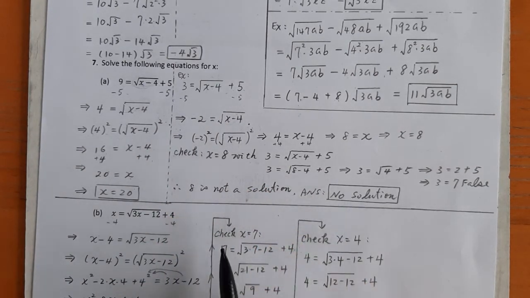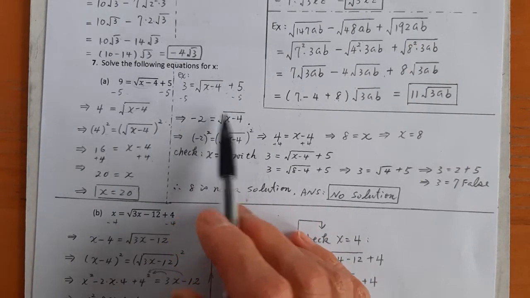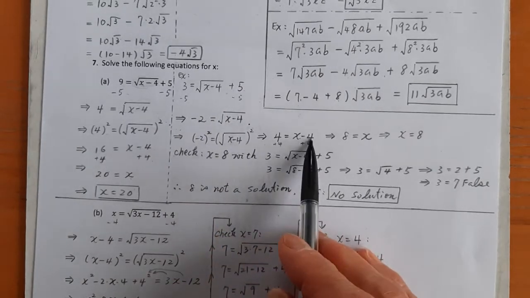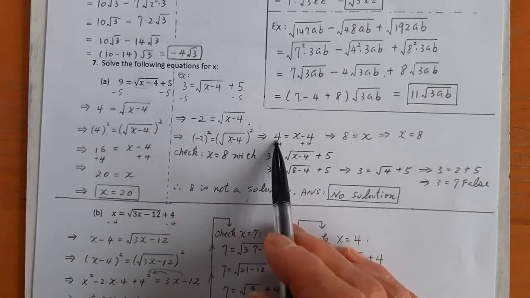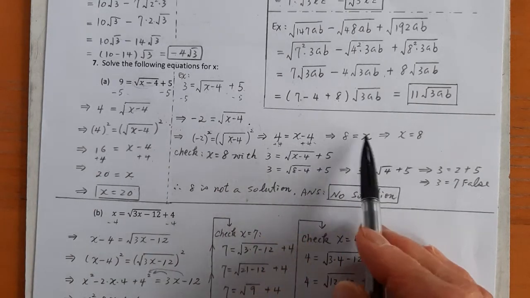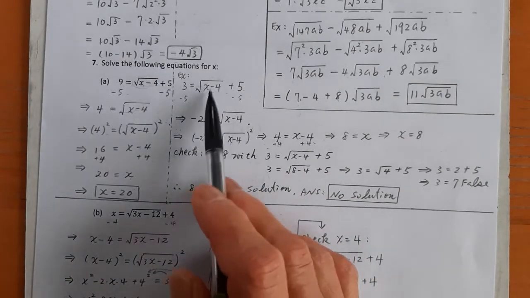No solution. You can try to solve it. You will see. You square both sides. Square both sides. This radical removed x minus 4. Negative 2 square get 4. Then you add 4 both sides. You got x equal 8. But you go back to check. X put in 8.